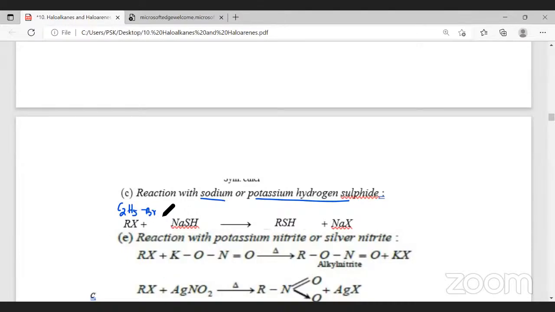I'm taking ethyl bromide, a simple molecule. So what happens? Na and Br get eliminated as NaBr. In place of Br, what goes? SH. Therefore, you get C2H5SH, right? So this is also similar to an alcohol only.